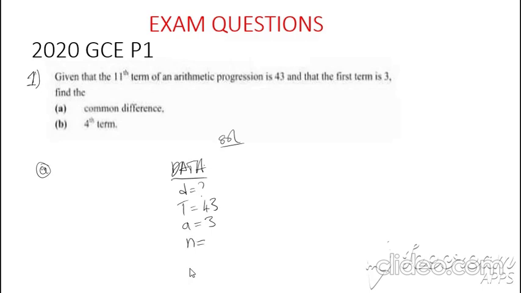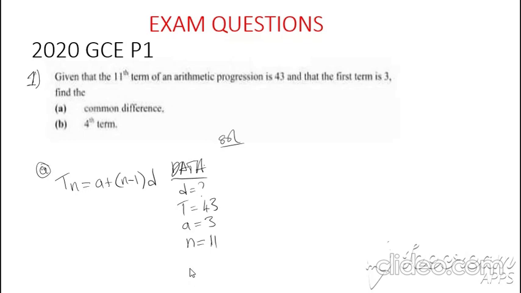Since it's saying the 11th term, the nth term is 11. Don't forget that. So this is your data, and then which formula are you going to use? It's this one: Tn, which is the term, is equal to the first term plus open bracket n minus 1 close bracket, and then the common difference.